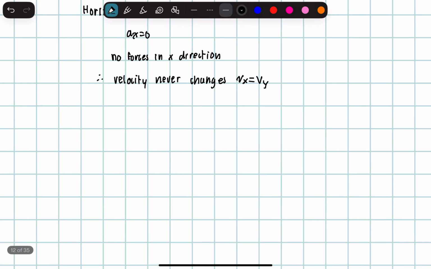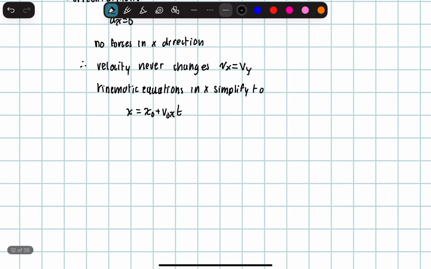So that means that kinematic equations in x simplify to just x is equal to x initial plus v initial x times t.